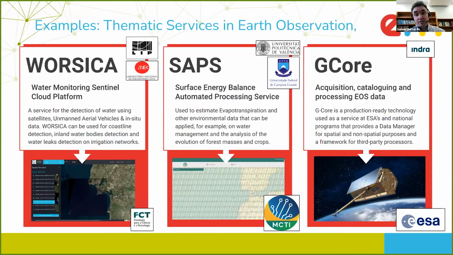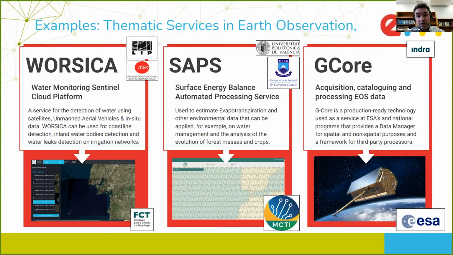So looking to the thematic services, they cover several scientific scopes, and I will briefly present them. Here we have the Earth observation thematic services, like WARSICA, that can be used for coastline detection, inland water bodies detection, and water leaks detection on irrigation networks. SAPS, that looks for the water management and analysis of the evolution of forest masses and crops.